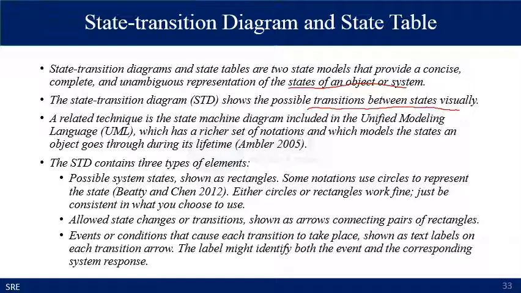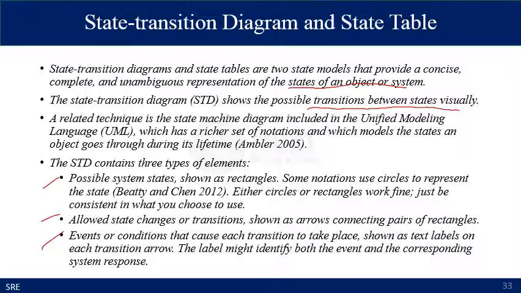It specifies the states an object goes through during its lifetime. It can have three types of elements: states, transitions, and events or conditions.